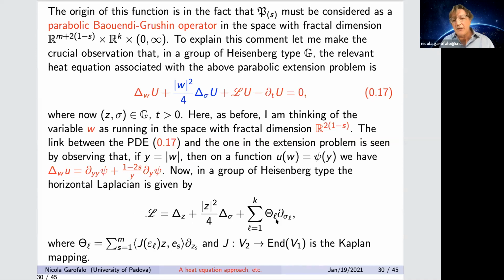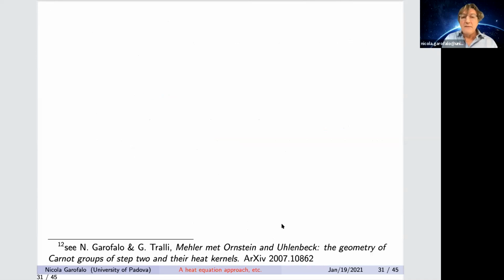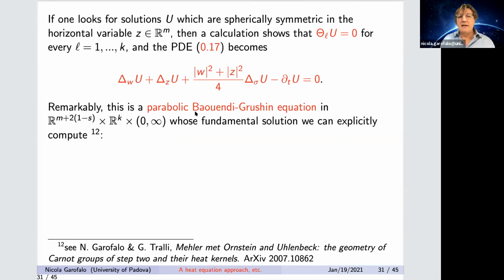So the PDE can be written explicitly in this form, but in the end, you come up with this equation here. So the extension equation can be written in this form on some special functions, functions which are spherically symmetric in the variable z. This is the horizontal variable.